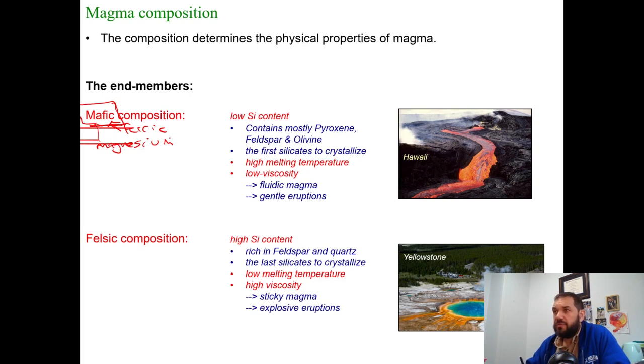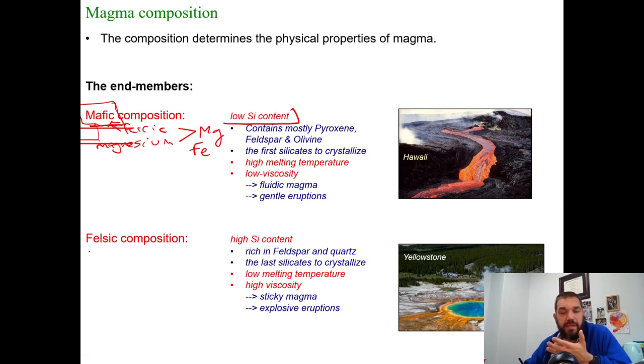So this means that you have low silica content, and you're rich in magnesium and iron. Those are the elements that are elevated in a mafic composition. So it's low Si, low silicate, high magnesium, high iron.